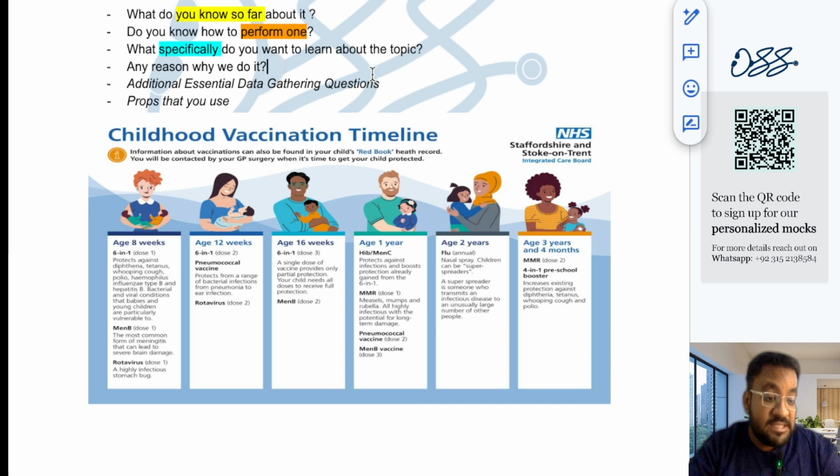For the ECG, it's a huge topic: multiple waves, multiple segments, and multiple pathologies. There can be rate related issues, rhythm related issues, and electrolyte anomalies involved as well. So there are a lot of things in ECG. But ask them, what specifically do you want to learn about ECG?